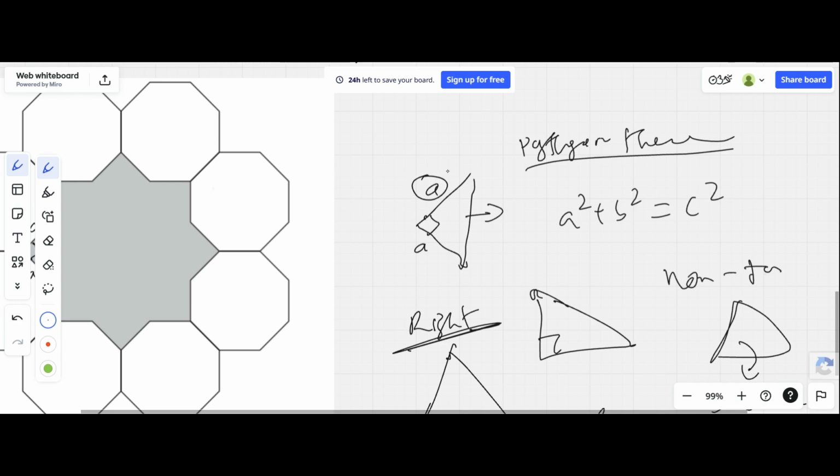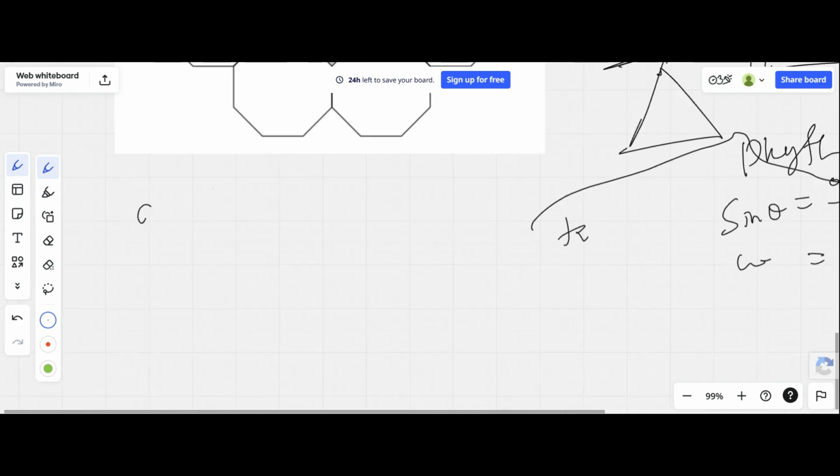So this side squared, a squared, plus this side squared, this is also a, so a squared, is equal to this side. Let's put this as x. So a squared plus a squared is equal to x squared. So it will be 2a squared equal to x squared.